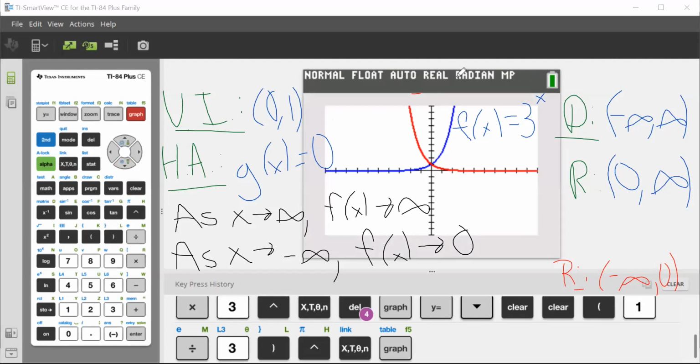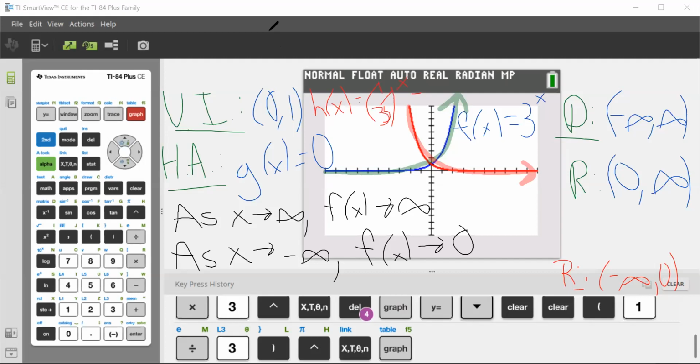Also, notice that our original function, f of x equals 3 to the x, increases from left to right. Right? So as we go from left to right, the output values are going up. But what happens with the other function as we go left to right? Yeah, that's right. It goes down, so it's actually decreasing. And notice that one of the big differences between these two functions is the number being raised to the power.